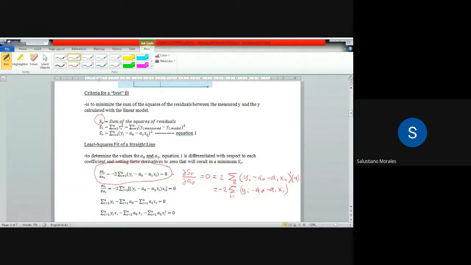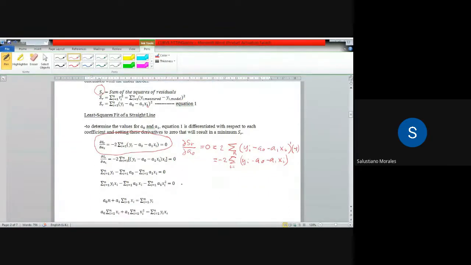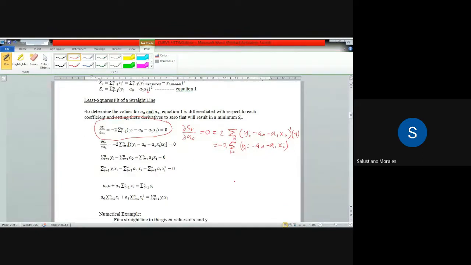So, ganun ang na-derive natin na equation after taking the derivative of equation 1 with respect to a0 and with respect to a1. Then we're going to simplify now these resulting derivatives.